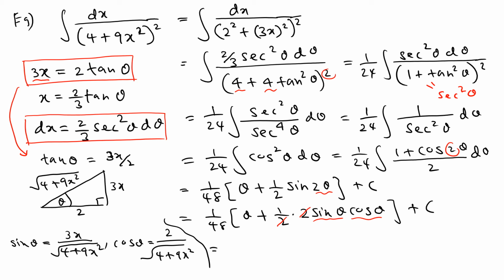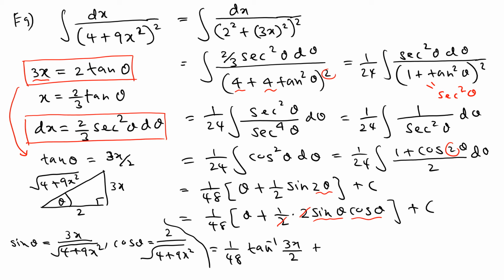Once you do that, you're going to get 1/48. Theta is simply, from the first, arctan, so tan inverse 3x over 2. You don't need the parentheses here because it's a fraction, and then plus sine theta cosine theta.